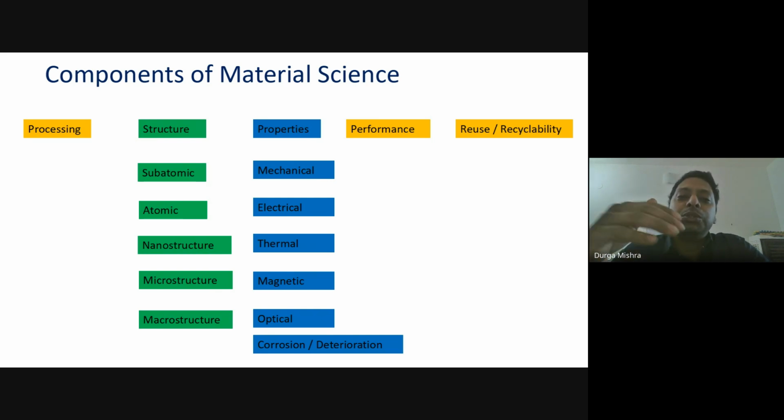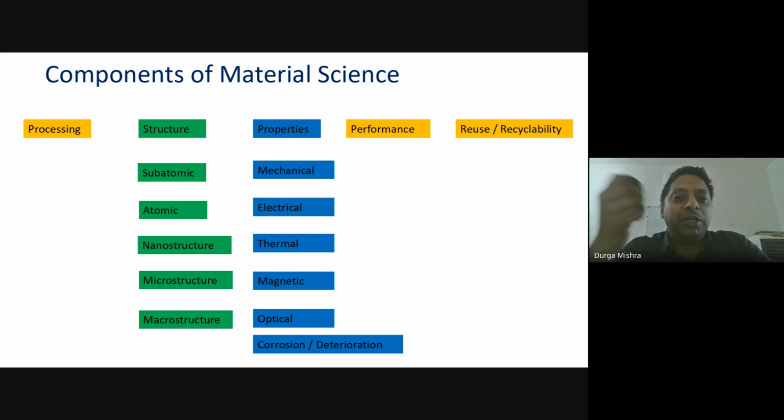Now we need to use different tools and techniques to also see those different structures. So for example, if I want to see, let's say, the microstructure, I probably need an optical microscope. I cannot see them with my naked eyes, so I need an optical microscope. Similarly, if I want to see a nanostructure, I will want to use a higher resolution, because the sizes are small.